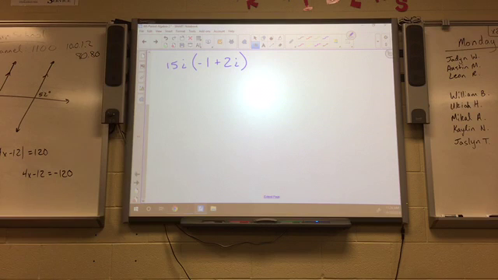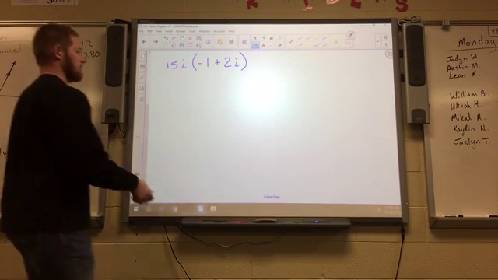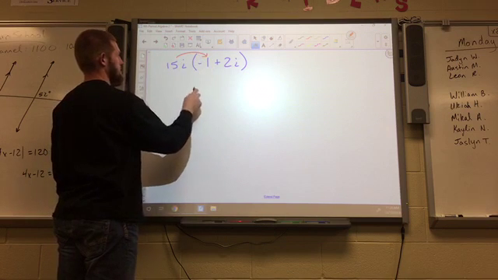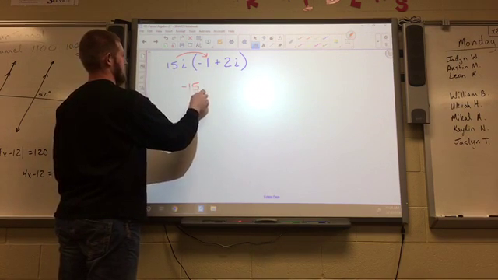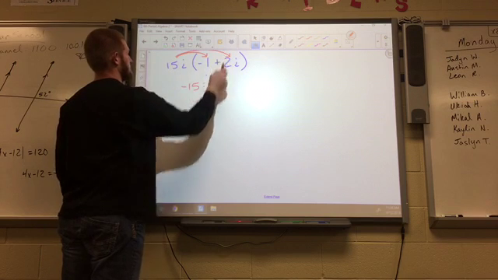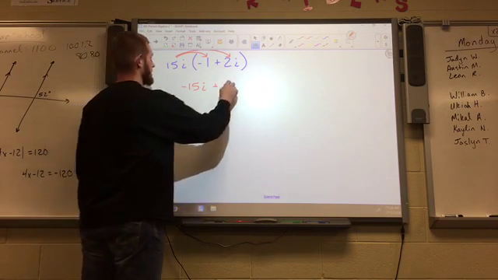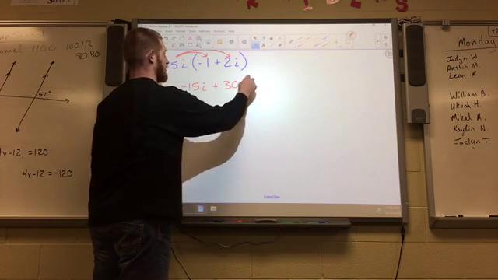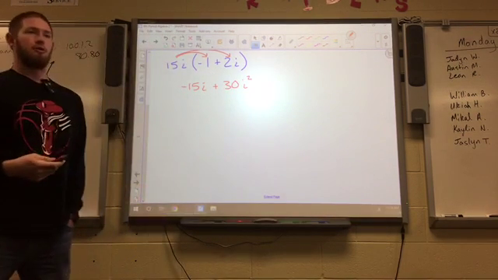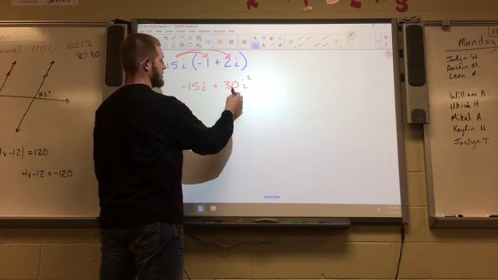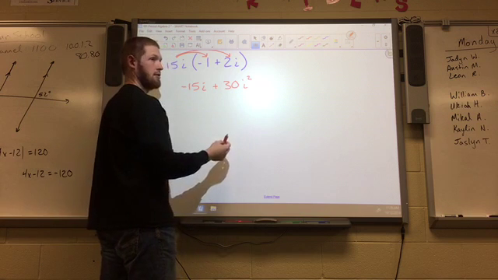You're still going to distribute first. 15i times -1 is -15i. 15i times 2i is 30i squared. There's your i squared. We know that i squared is equal to -1. So what is 30 times -1? -30.